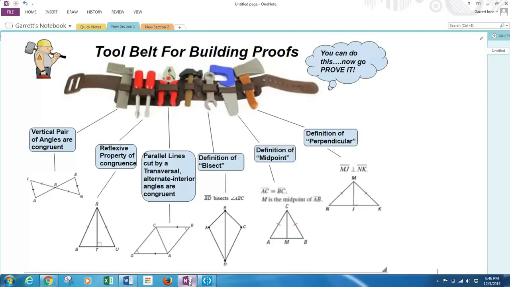So let's go ahead and start on the left and discuss what these are, how we talk about them, how we write them, and how we can spot them. So over here on the left, you always want to be on the lookout for a vertical pair of angles. Now remember, vertical angles are when you have two lines that cross, and they're the angles that end up being on the opposite sides of each other.